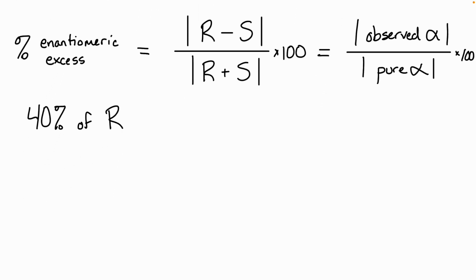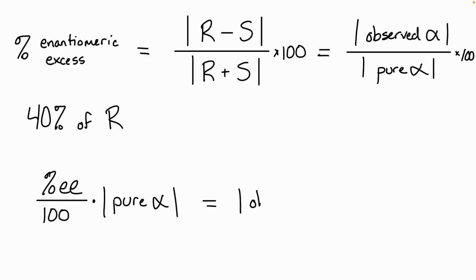So if I rearrange this, my percent enantiomeric excess divided by 100 times my pure specific rotation will give me that for the observed sample. I don't know what that is off the top of my head.